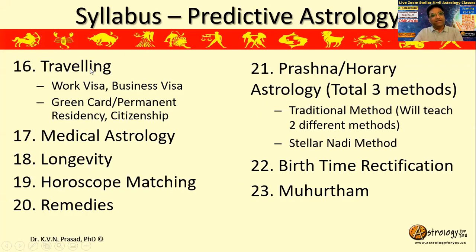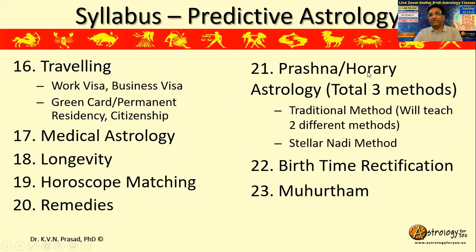Traveling, long-term, short-term, work visa, business visa, green card, citizenship, all that. Then medical astrology, longevity, how to calculate the longevity for a person. Then for marriage, horoscope matching, and remedies: what remedies we can do to solve the problem or prepare ourselves.